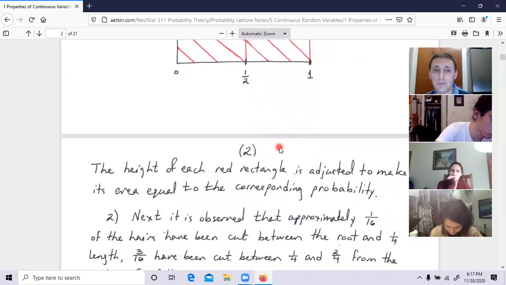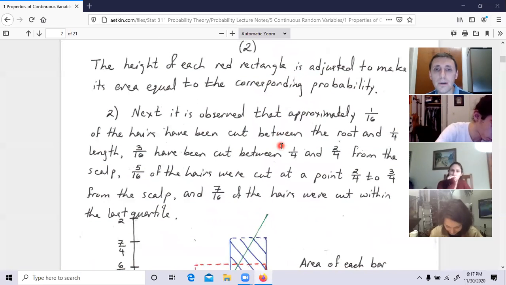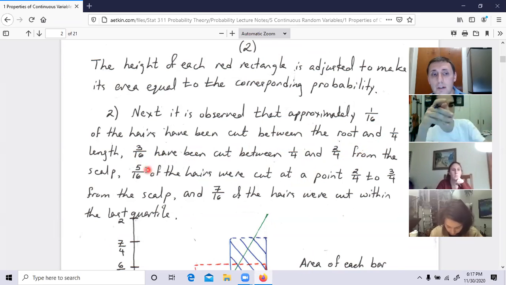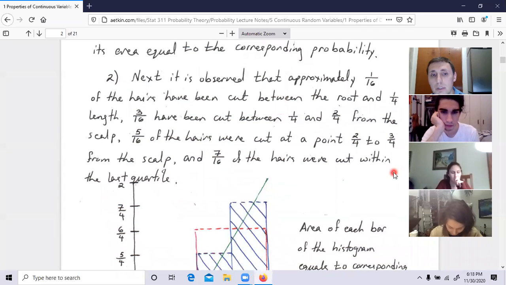Now, second procedure. Next, suppose that we observe that approximately 1/16 of the hairs have been cut between the root and 1/4. 3/16 have been cut between 1/4 and 2/4 from the scalp, and 5/16 of the hairs were cut at a point between 2/4 and 3/4 and onwards, right?